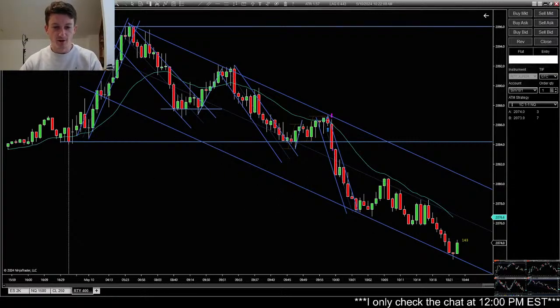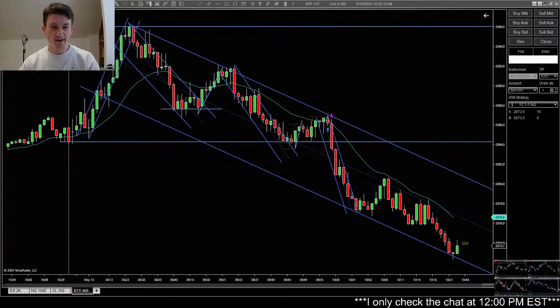I like how this downtrend fit so far. Looks like there's a similar downtrend.